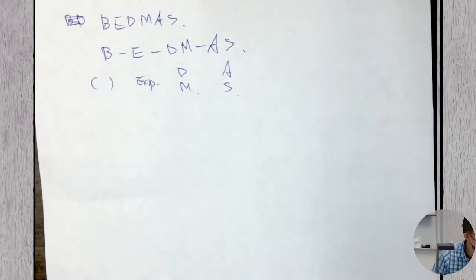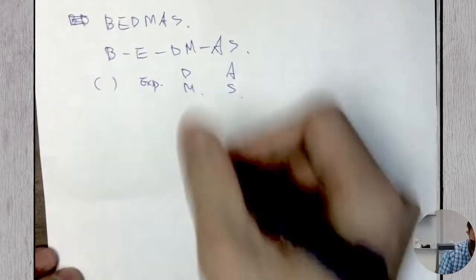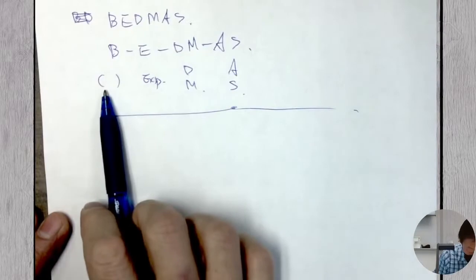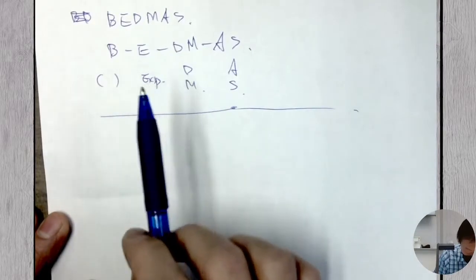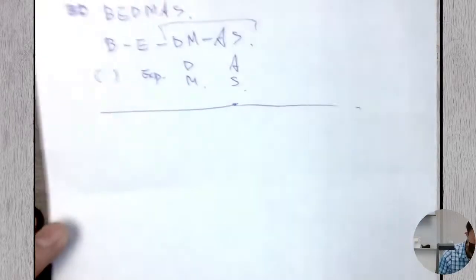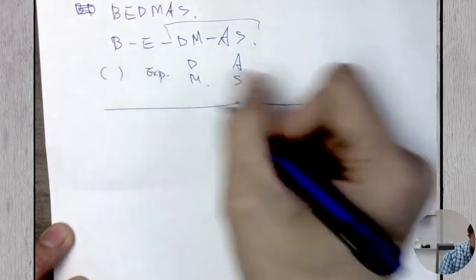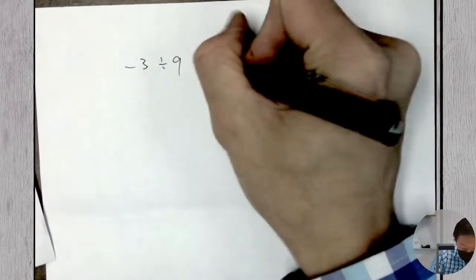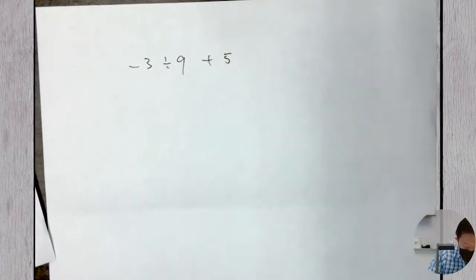Doesn't matter the order. Why do I say it doesn't matter the order? Let me show you. Okay, I'm gonna leave the exponent and bracket out first. I'm just gonna focus on this part. Okay, say if I have negative 3 divided by 9 plus 5 here. How many terms do we have here?